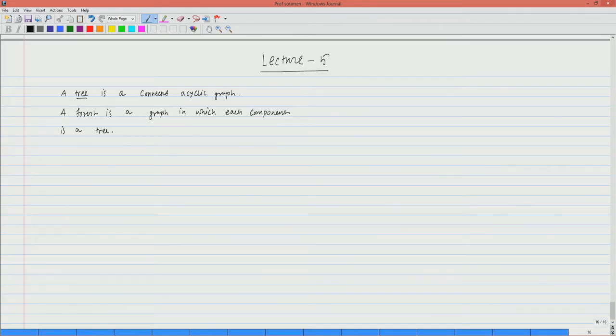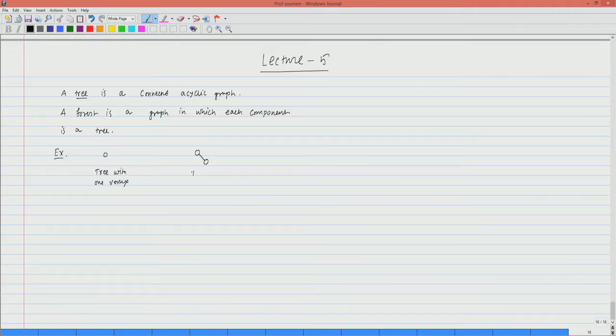So, let me give some example of trees now. So, this is a tree. This is a tree with one vertex. This is a tree because this is connected graph and there is no cycle here.